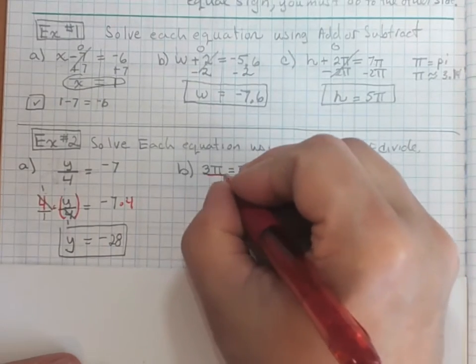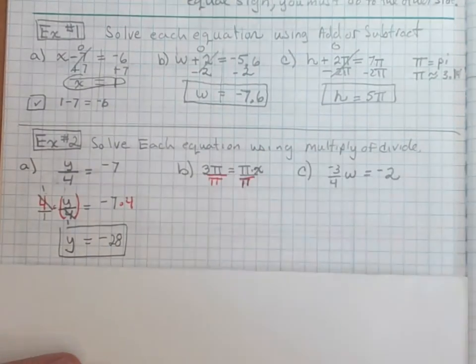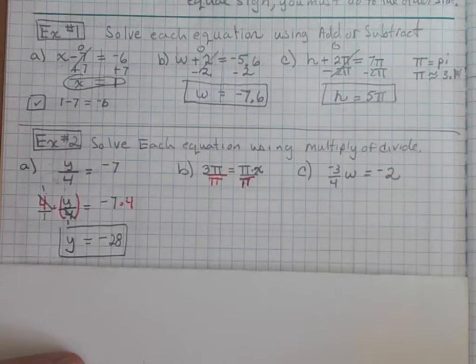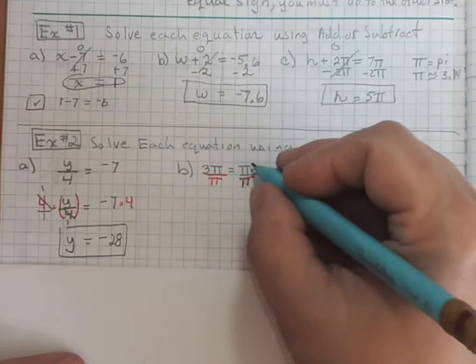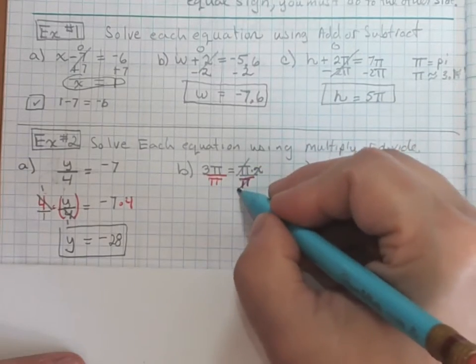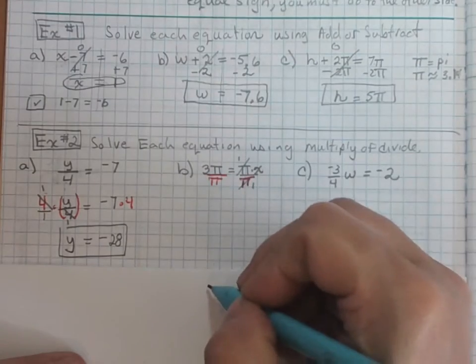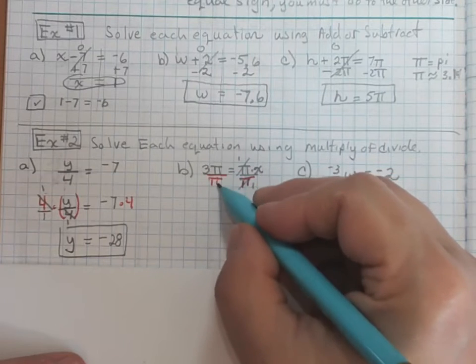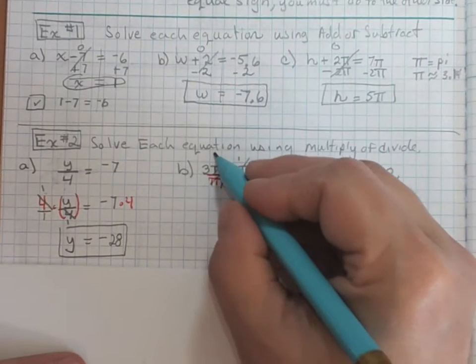So divide by pi on both sides. All right, so pi divided by itself is the number 1. So I reduce that down. And then on the other side, pi divided by pi is still 1.